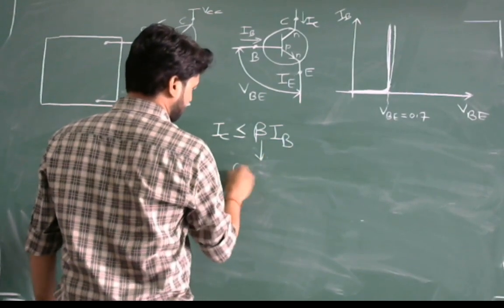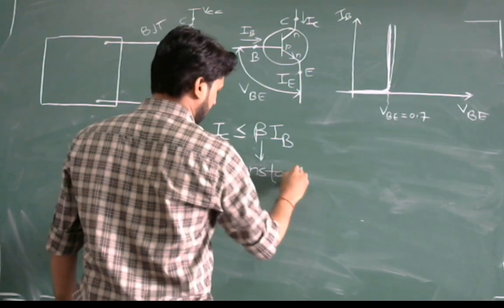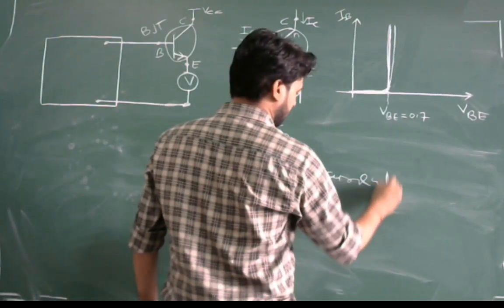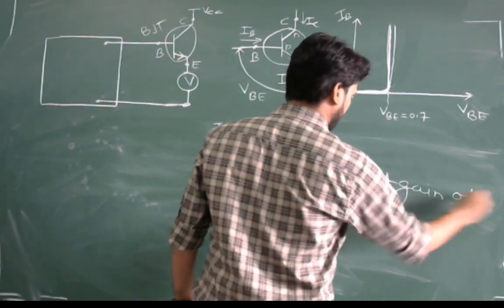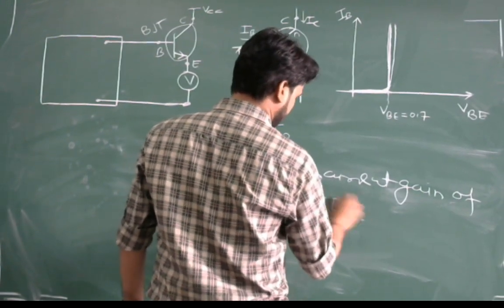This beta is some constant property of the transistor called the current gain of the common emitter transistor.